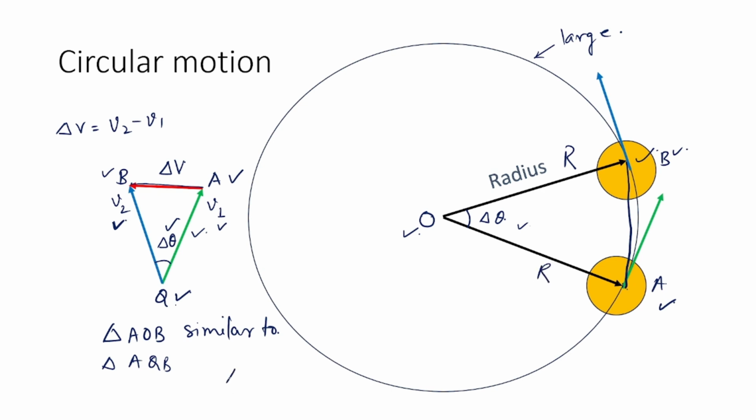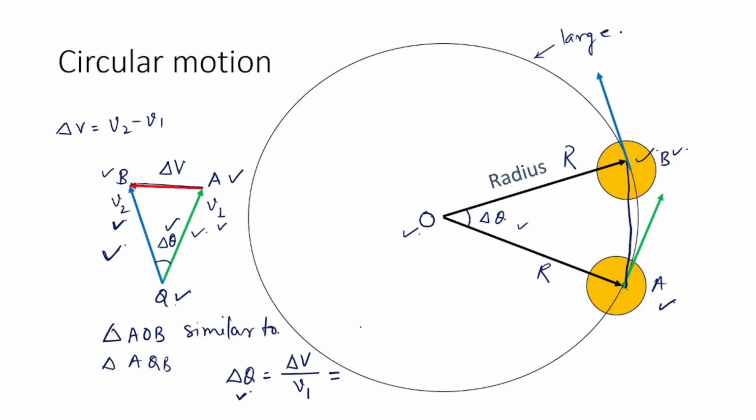So we can write delta theta is equal to delta v by v1 using this triangle AQB, and similarly delta theta is equal to AB by r.